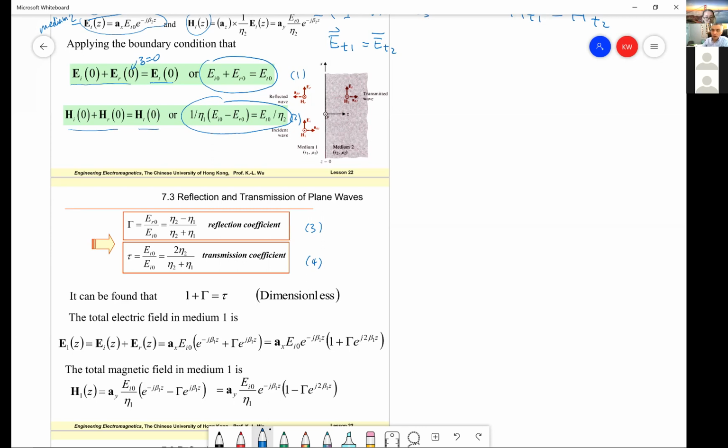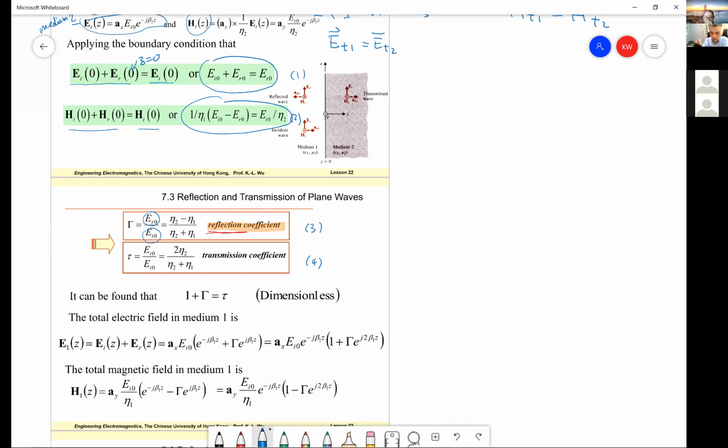So therefore, we can find what we call the reflection coefficient, okay? This reflection coefficient describes the reflected field in terms of the incident field coefficient, right? This is how we define reflection.